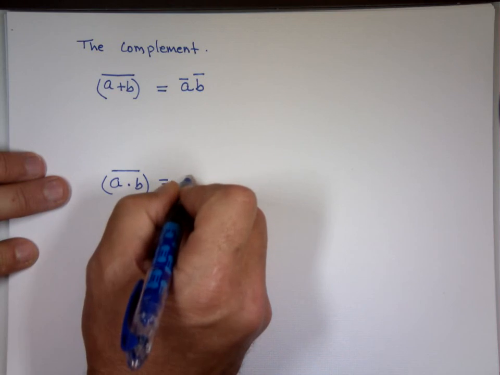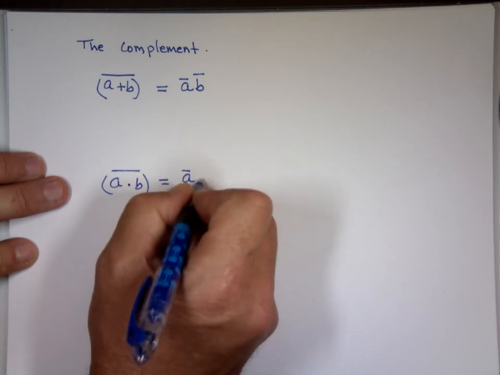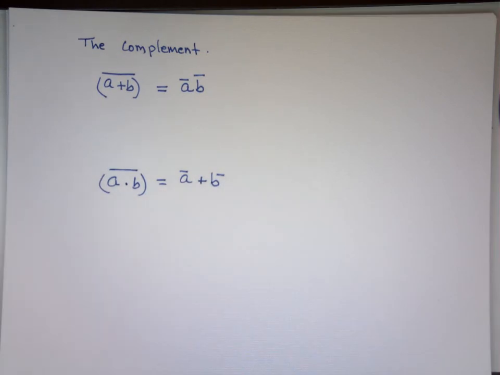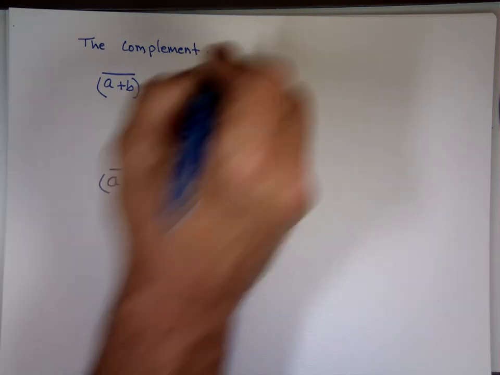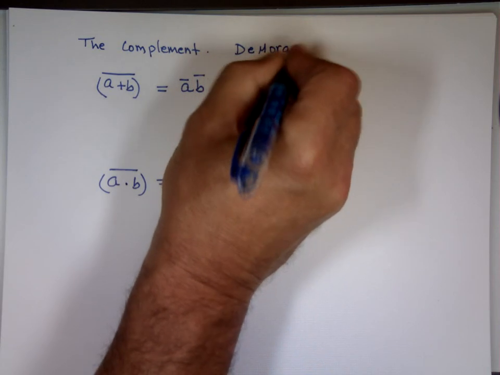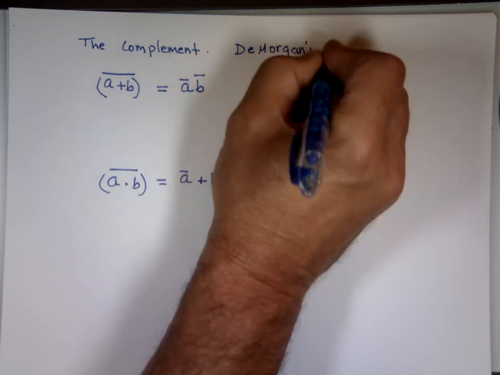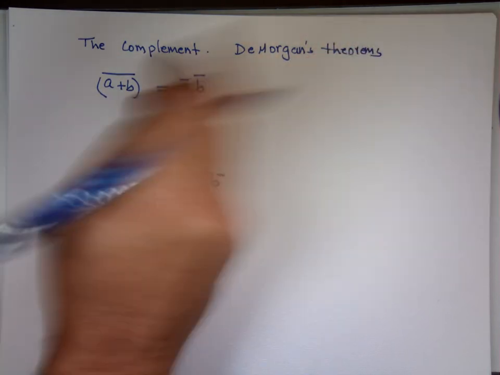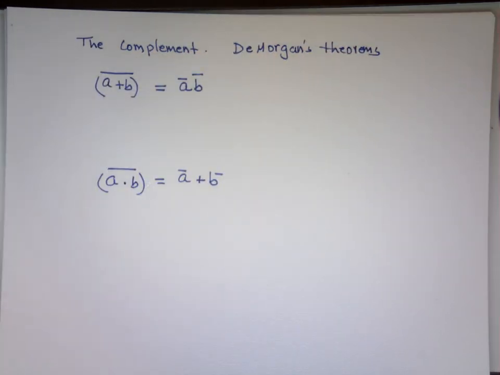A bar plus B bar. These are known as DeMorgan's theorem. I don't know if the book, yep, it talks about them. Now those are powerful. And I'll explain to you why they are powerful in a minute.